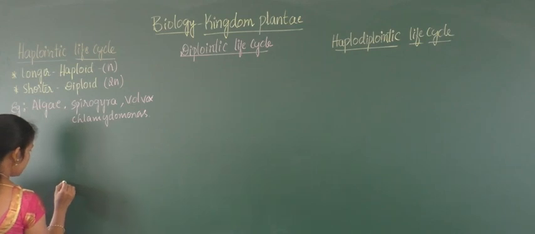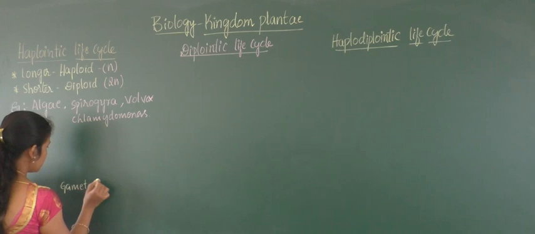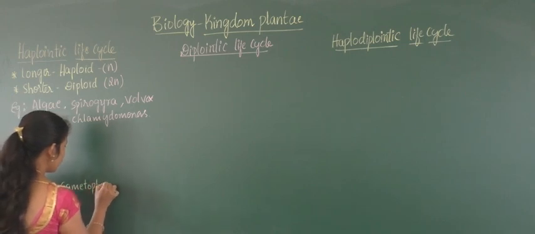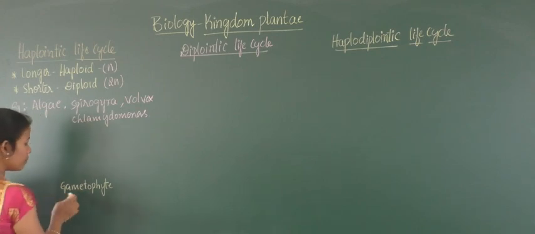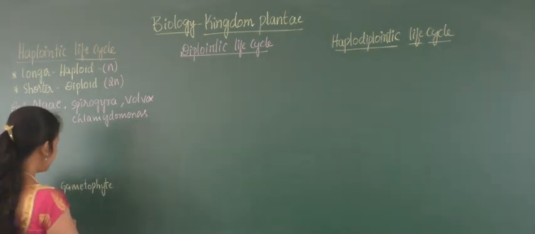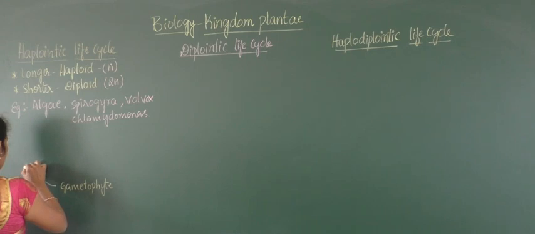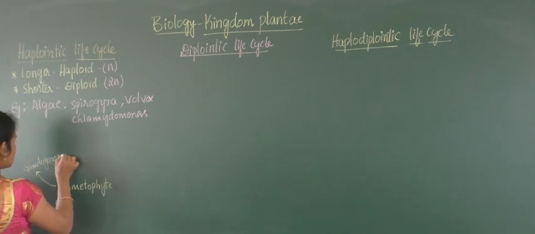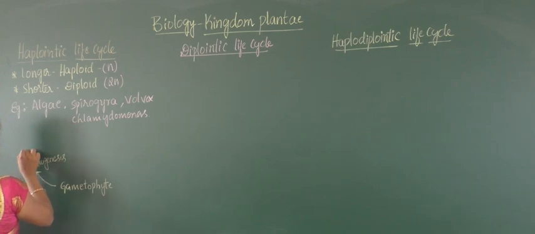Say for example, the first is the gametophytic stage. The plant is gametophytic, and in the gametophytic plant body there will be gamete-forming structures, and the formation of gametes is called gametogenesis. In gametogenesis you can find male and female gamete formation.